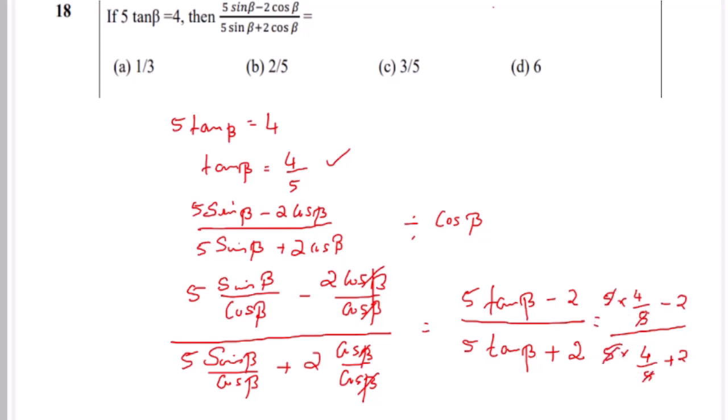So here 4 minus 2 upon 4 plus 2, that is equal to 2 by 6. 4 minus 2 is 2 by 6. Then again we can cancel this number, that is equal to 1 by 3. So the answer is 1 by 3. That is option A.